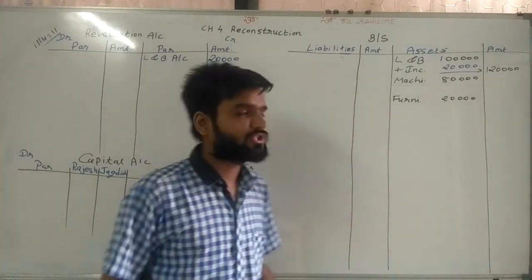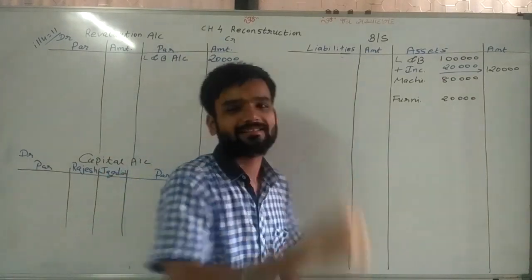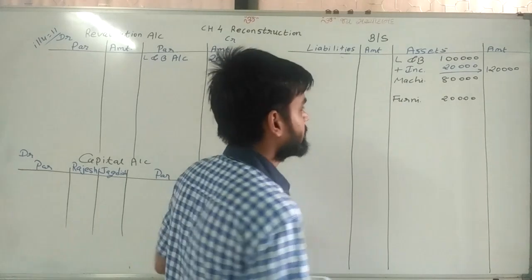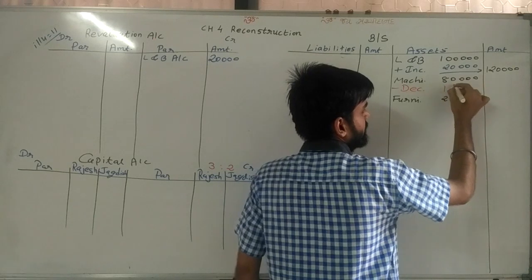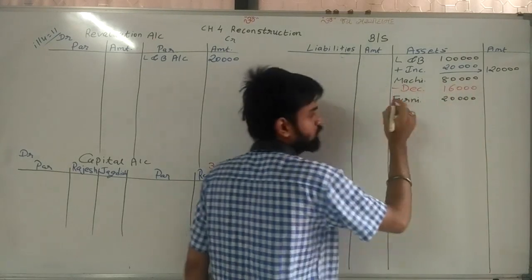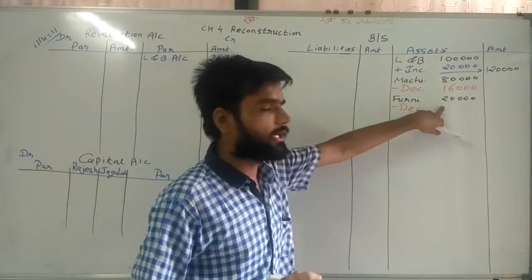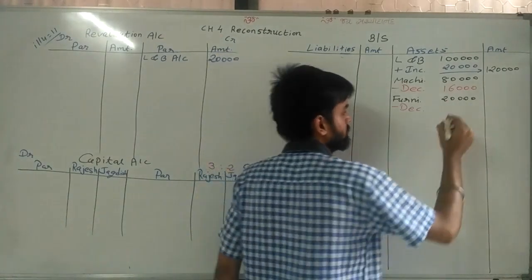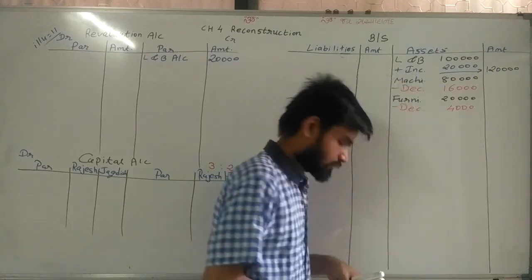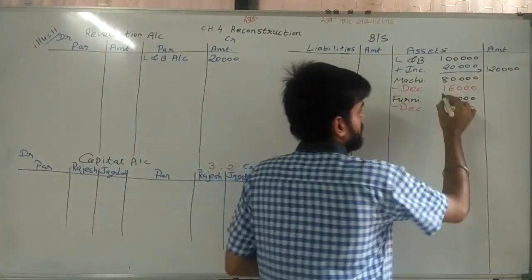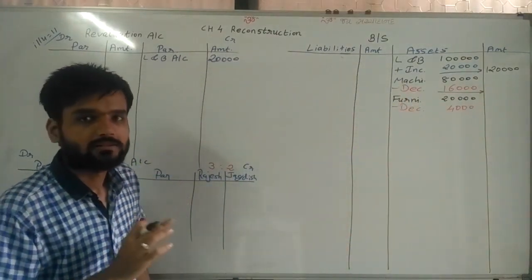Now there is a 20% decrease in the assets. So calculate 20%: decrease in the asset is 16,000. Here also in furniture there is a 20% decrease. Second adjustment: 20,000 into 20% is 4,000. So here, after deducting, 80,000 minus 16,000.